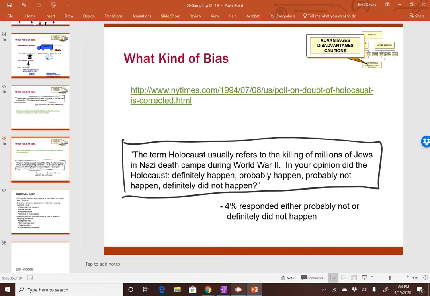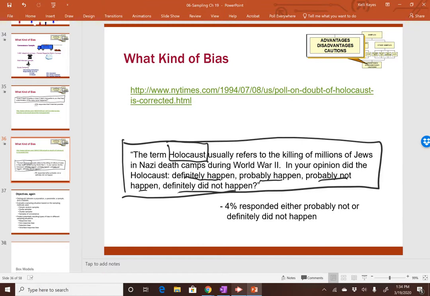The term Holocaust usually refers to the killing of millions of Jews in Nazi death camps during World War II. In your opinion, did the Holocaust definitely happen, probably not happen, or definitely did not happen? So then they had to choose one of these four things. But the question now was clear because it defined what Holocaust is referring to, what that term is referring to.